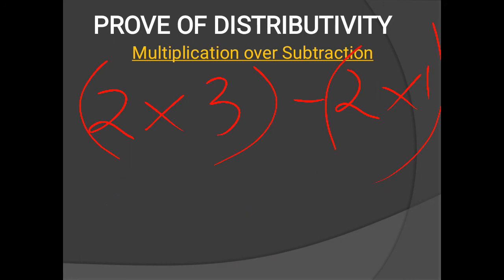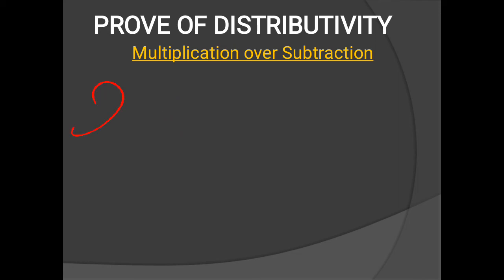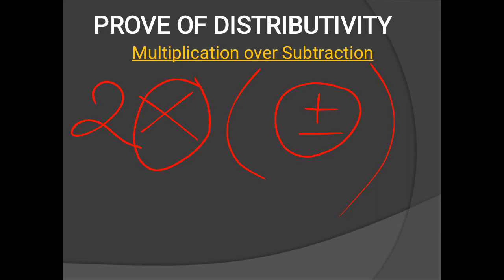But mind you, when you are writing it like this, the one outside is always multiplication, but the one inside is either addition or subtraction. When you expand, what is outside now becomes inside the 2 parentheses, and what is inside the parenthesis comes to the middle of the 2 parentheses.